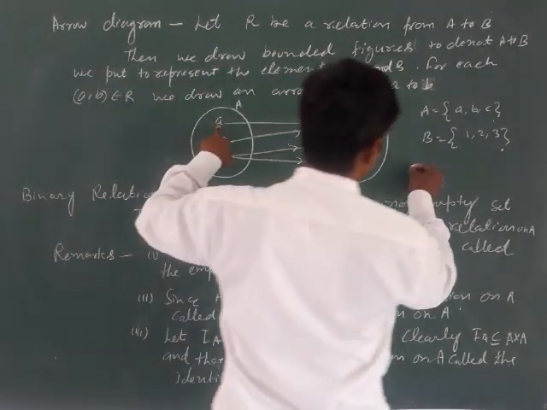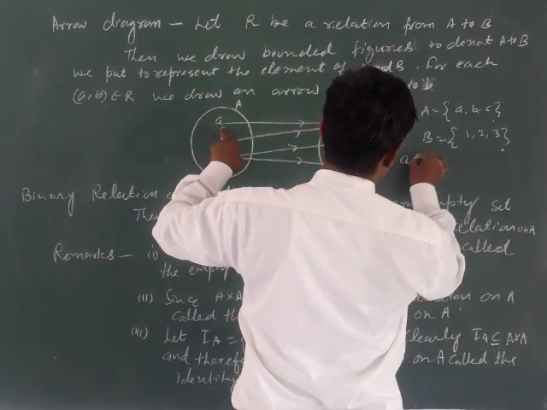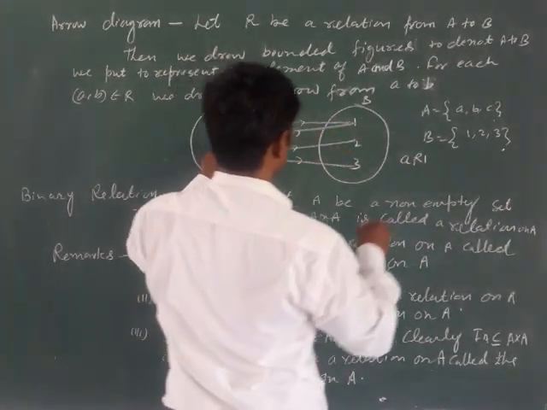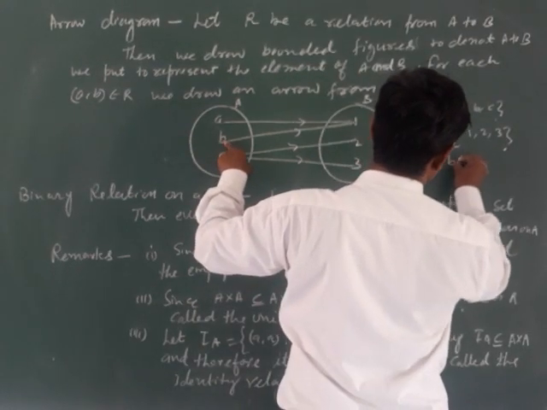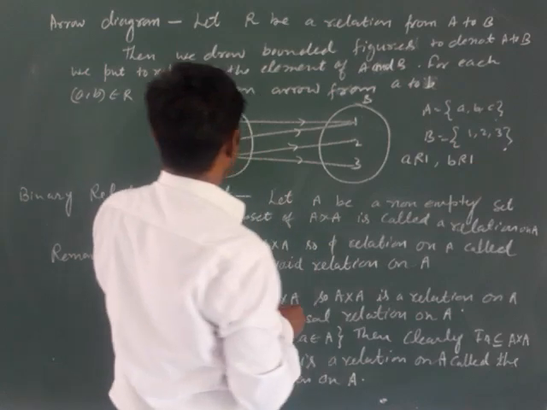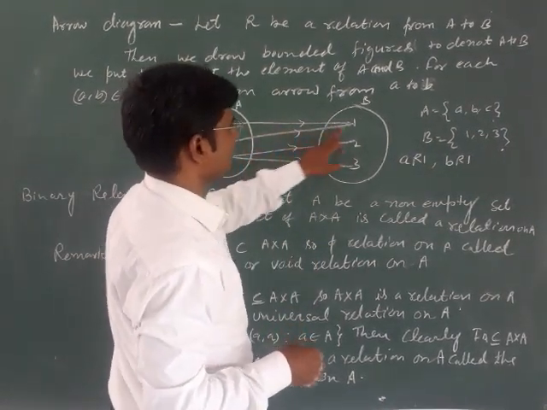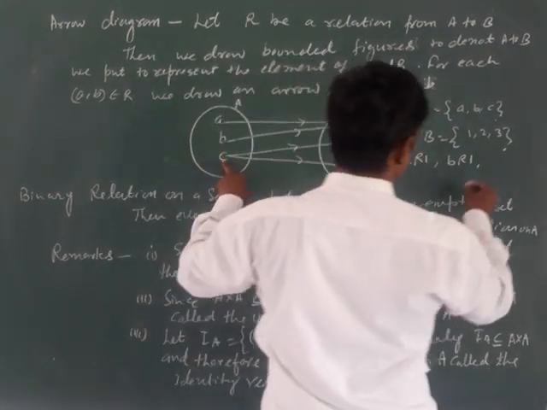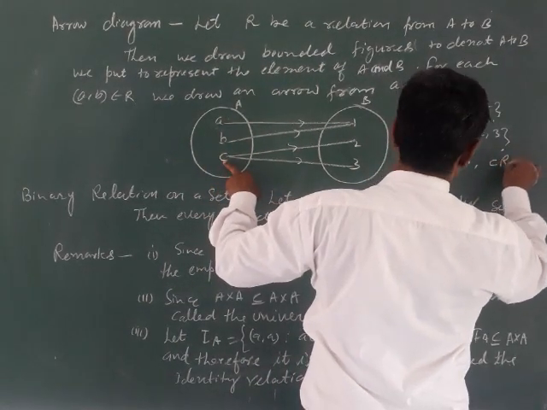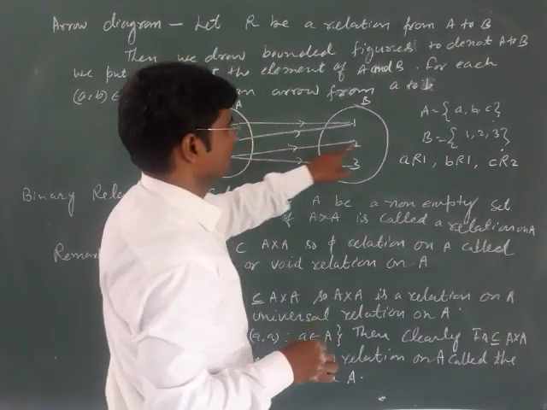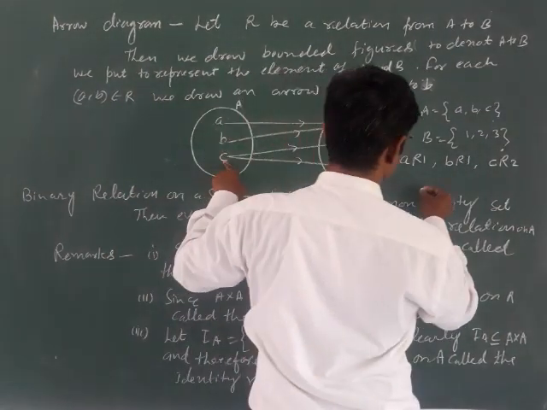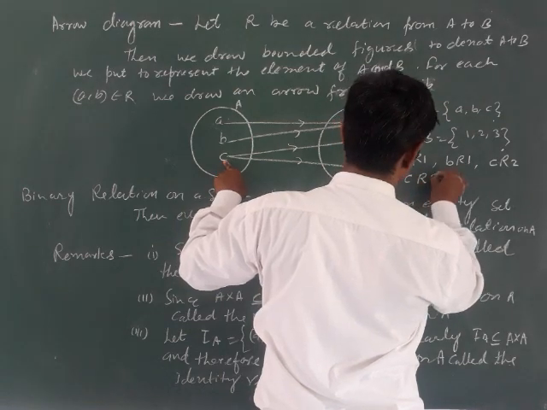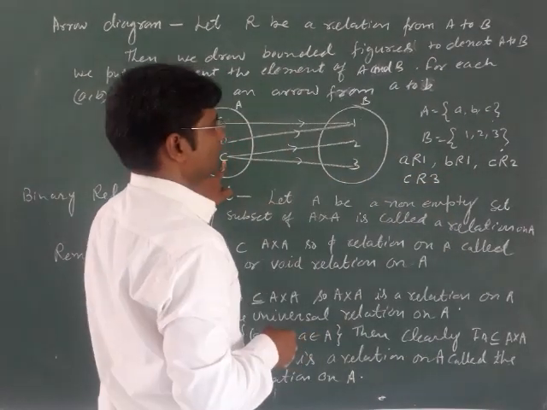So a R 1, a is related to 1. Also b R 1, b is related to 1. Also c is related to 2, and c is related to 3.